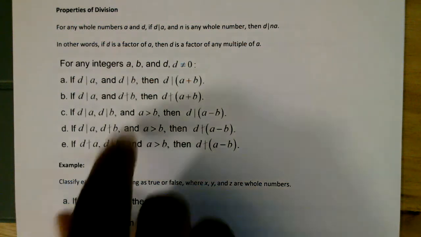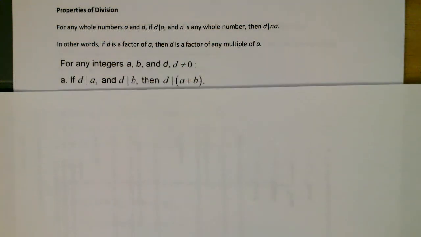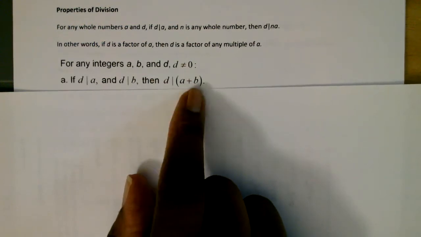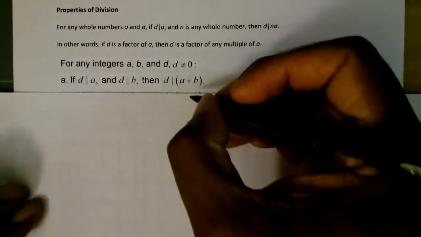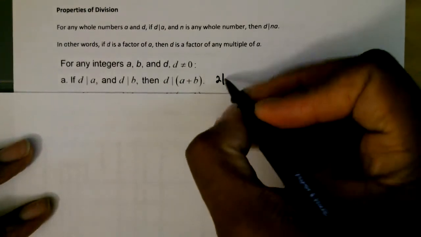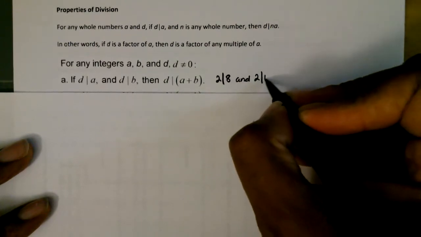Okay. And here are some more properties of division, and we'll go through each one of those individually. For any integers A, B, and D, where D is not equal to 0, if D divides A and D divides B, then D will divide the sum of A and B. So let's say 2 divides 8, which is true, and 2 divides, let's say, 12.